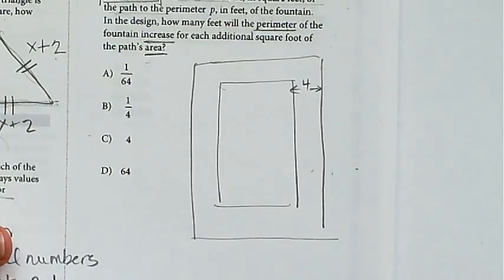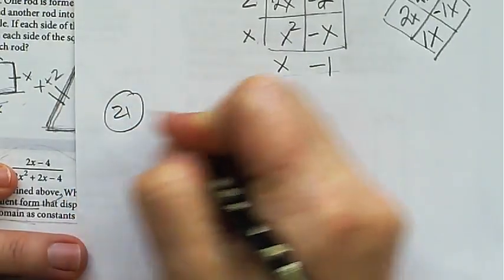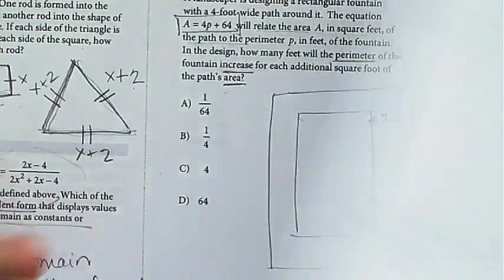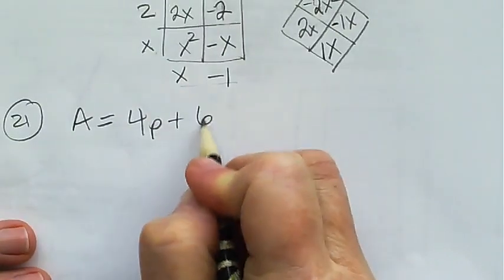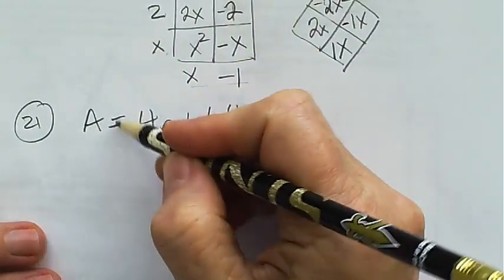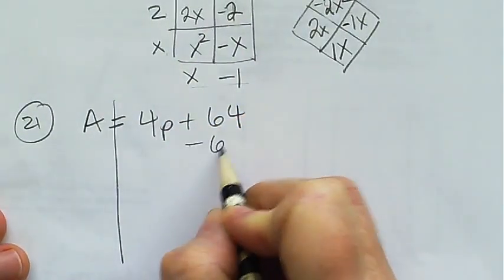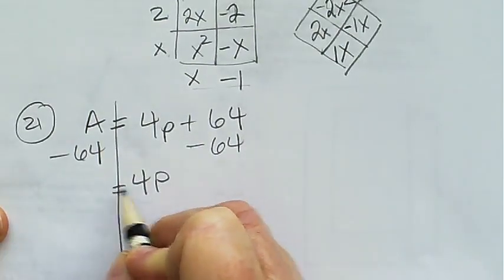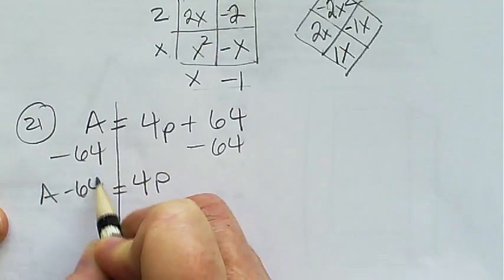So let's start with A equals 4P plus 64, and let's solve for P. If I'm solving for P, I would subtract 64 from each side. That would give me 4P equals A minus 64.